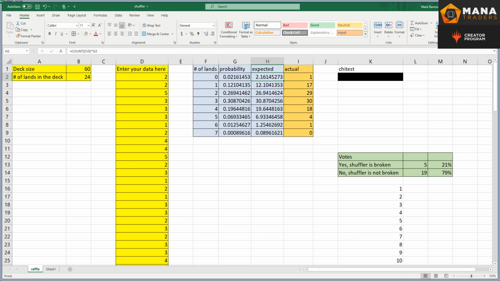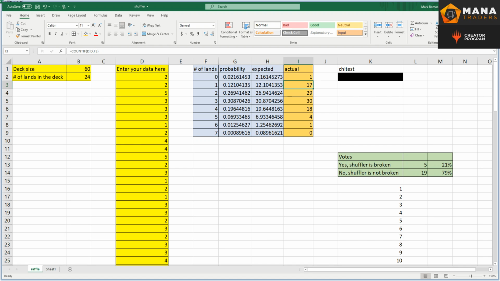For this one, it's saying that if you draw hands 100 times from this deck, you expect to see a no-lander on average about 2 times. We saw it only 1 time, so we saw less than what was expected. For one-landers, you expect it on average to be 12. We got quite a bit higher, 17.